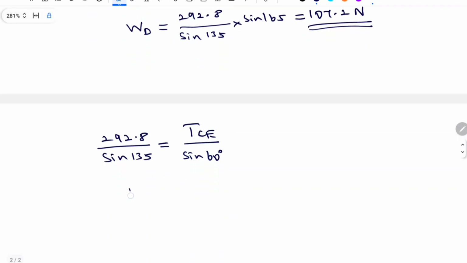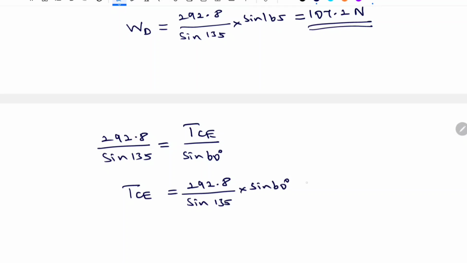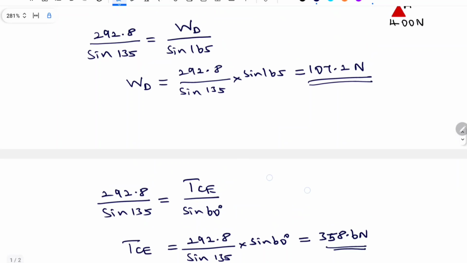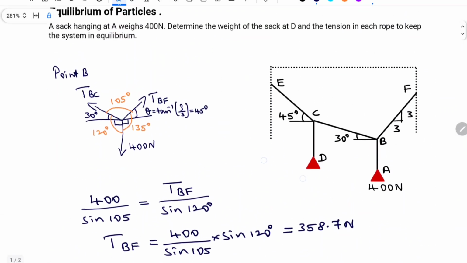So further, TCE is equal to 292.8 divided by sine 135 into sine 60 degree. If we solve this, we get TCE equal to 358.6 Newton.